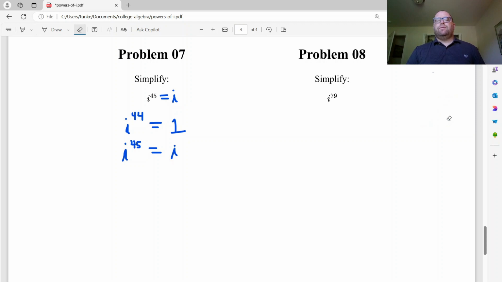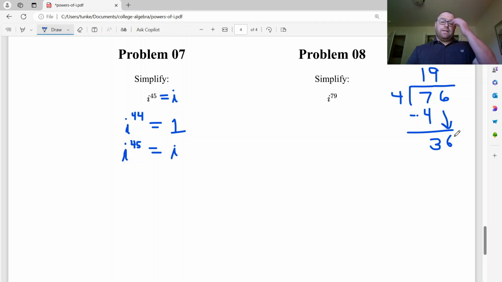But what about 76? Let's try 76. So 4 goes into 7 once. We subtract 4. We get a 3 here. Bring down the 6. 36. 4 goes into 36 exactly 9 times. So the cycle ends at i to the 76, and then it's going to begin at i to the 77th.